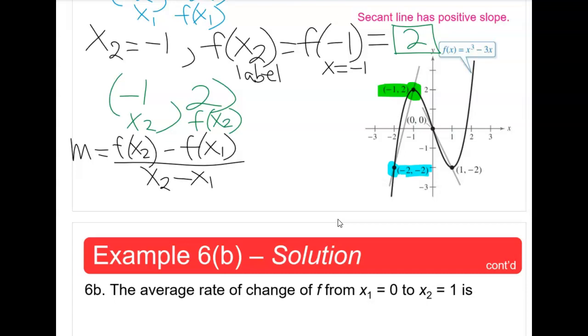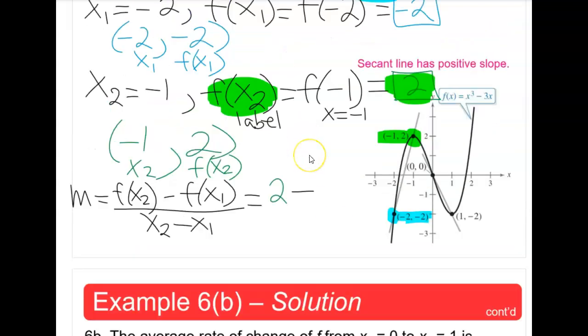So f of x sub 2, we have it here, is a 2. And then we have a minus. And then f of x sub 1, we have it up here.